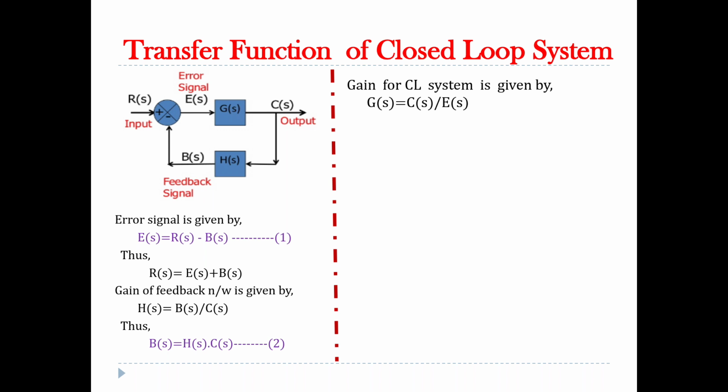Now the gain for the closed loop system can be given as G of s is equal to C of s by E of s, which can be written as C of s is equal to G of s into E of s.